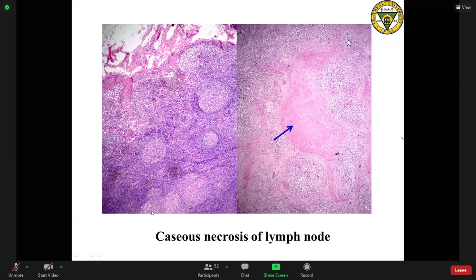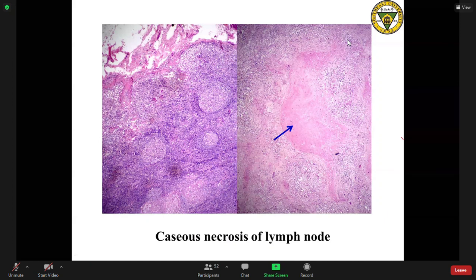This nodule is different from the lymphoid nodules. Compare this one and this one. This is the lymphoid nodule. This one is the tubercle. It's not a lymphoid nodule. What is a tubercle?